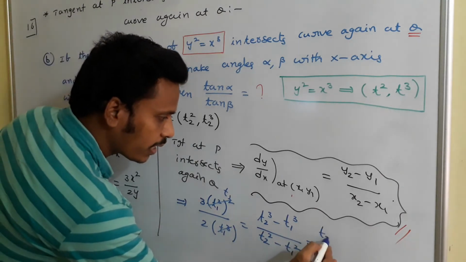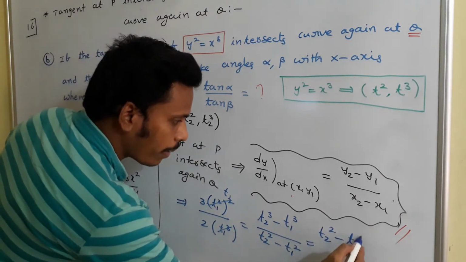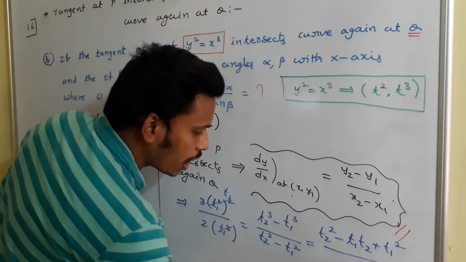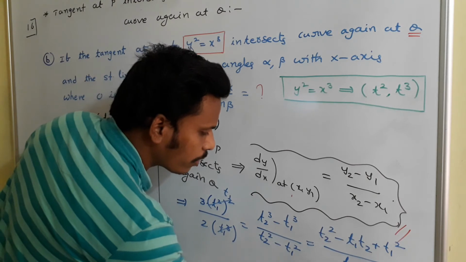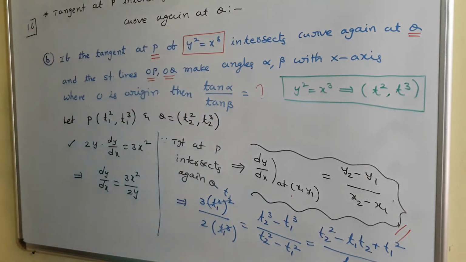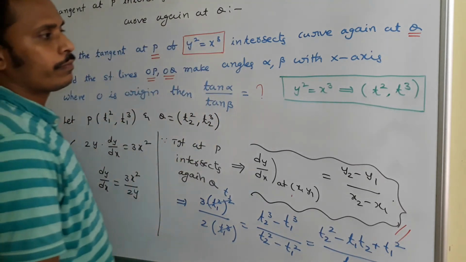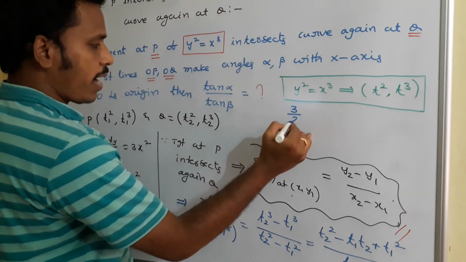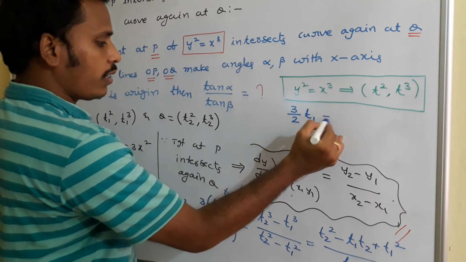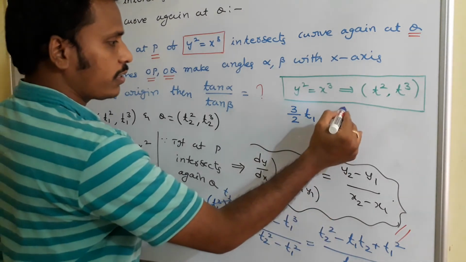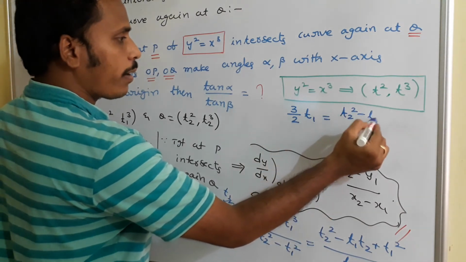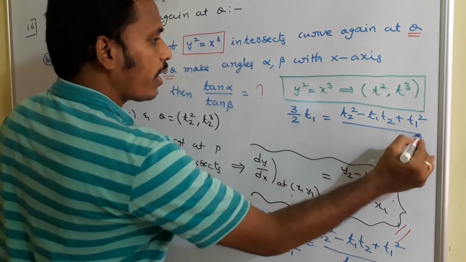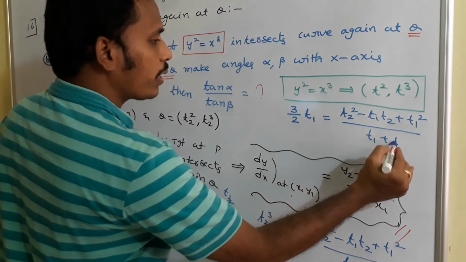You will get t2 square plus t1 t2 plus t1 square, and in the denominator we have t1 plus t2. Then I have 3 by 2 t1 is equal to this part: t2 square plus t1 t2 plus t1 square divided by t1 plus t2.